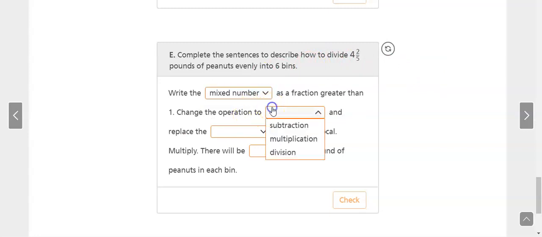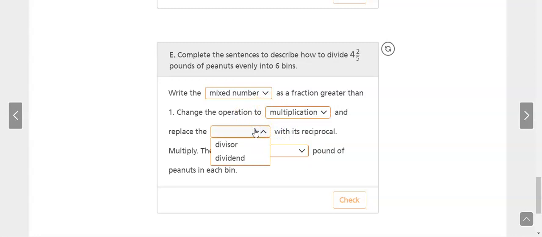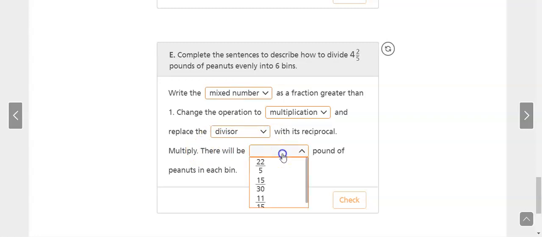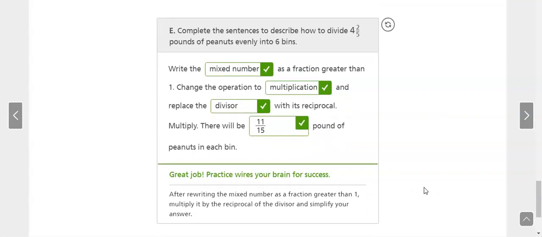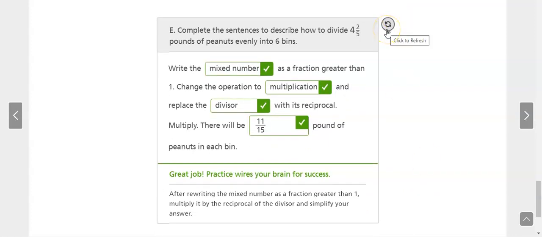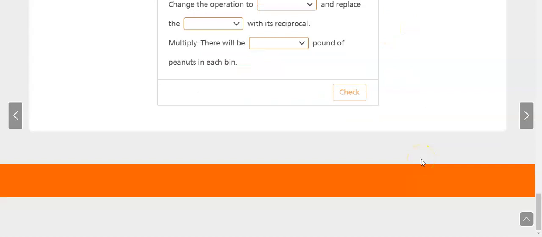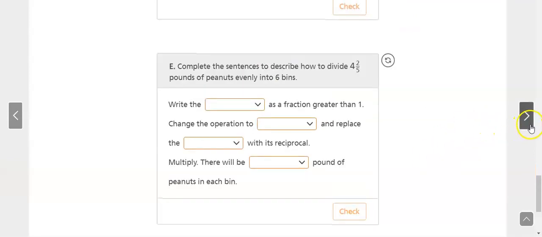We're going to change the operation to multiplication and replace the divisor with its reciprocal. Multiply. There will be 11 over 15 pound of peanuts in each bin, because that's what we got when we multiplied it. Okay, we're going to move on to the next page.